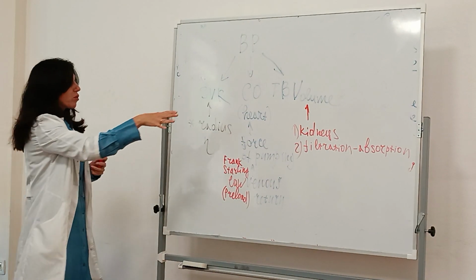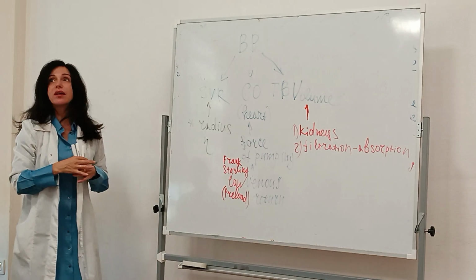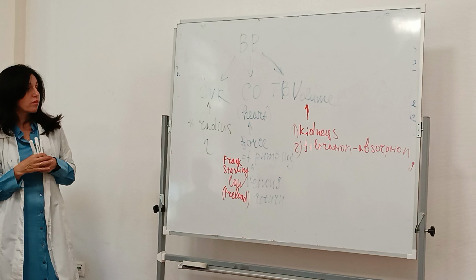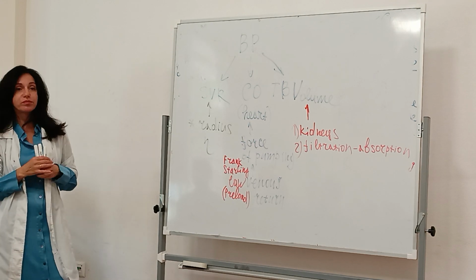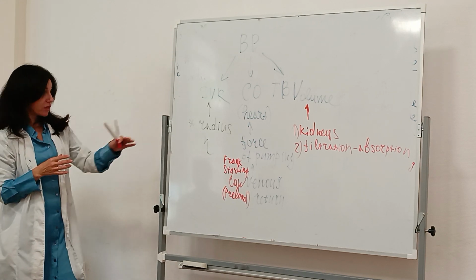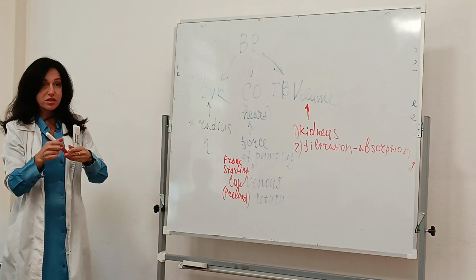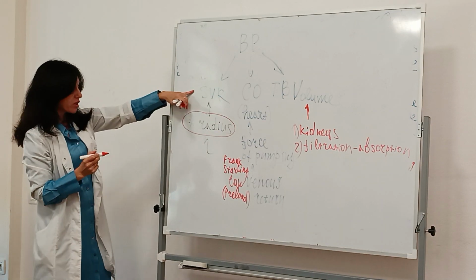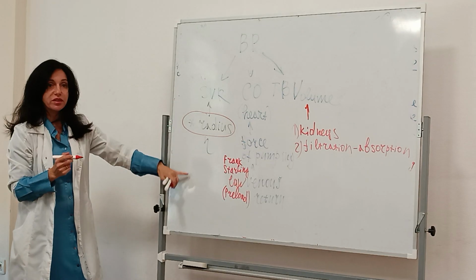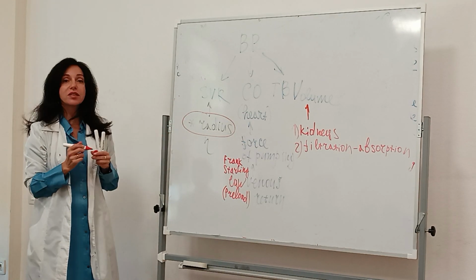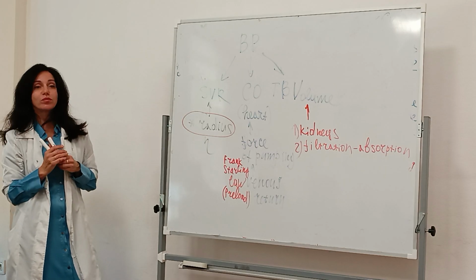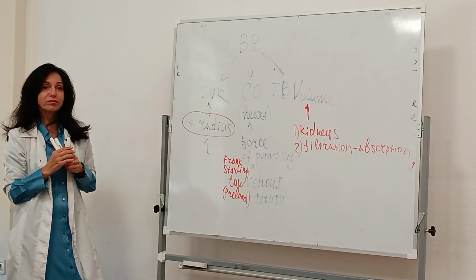What factors from this may be changed immediately, faster, by the control system? SVR, yes, sympathetic, radius, yes, sympathetic and parasympathetic. But vascular resistance depends on radius and another factor. And the second factor? The kidney? No, the kidney is slow.